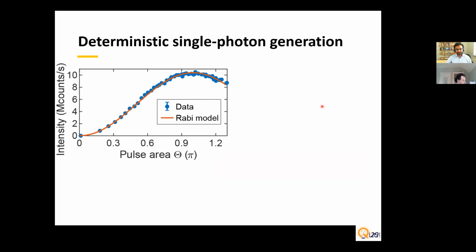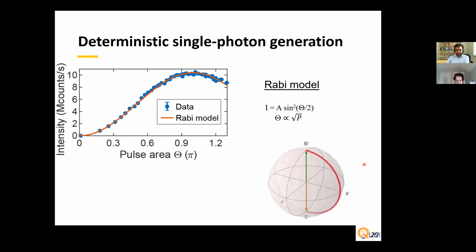And now if we excite this quantum dot with pulsed lasers and look at the output intensity, the number of single photons that I'm detecting on a single photon detector, and I keep increasing the laser power, changing the pulse area, you'd see a very nice Rabi oscillation.